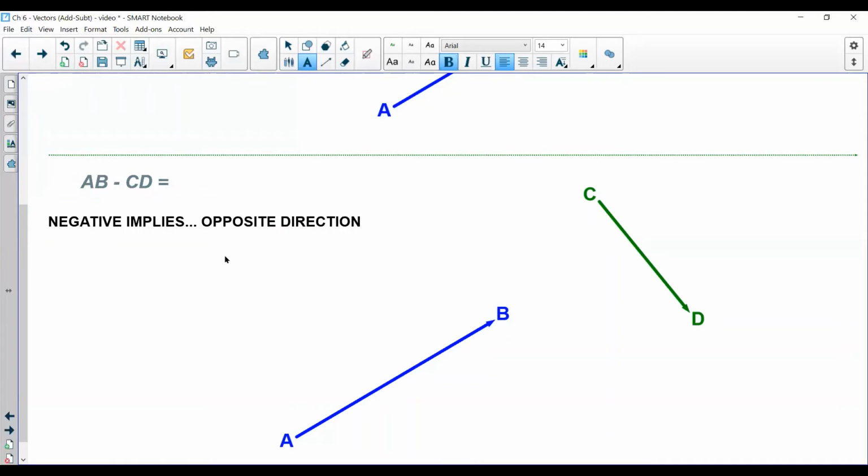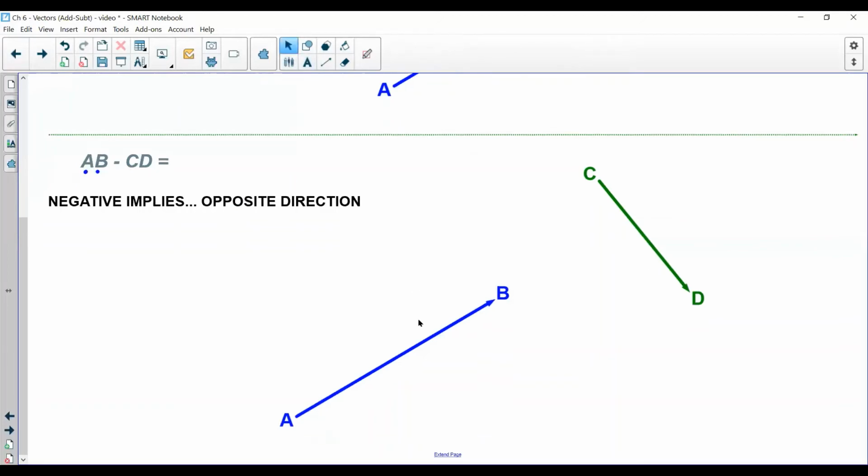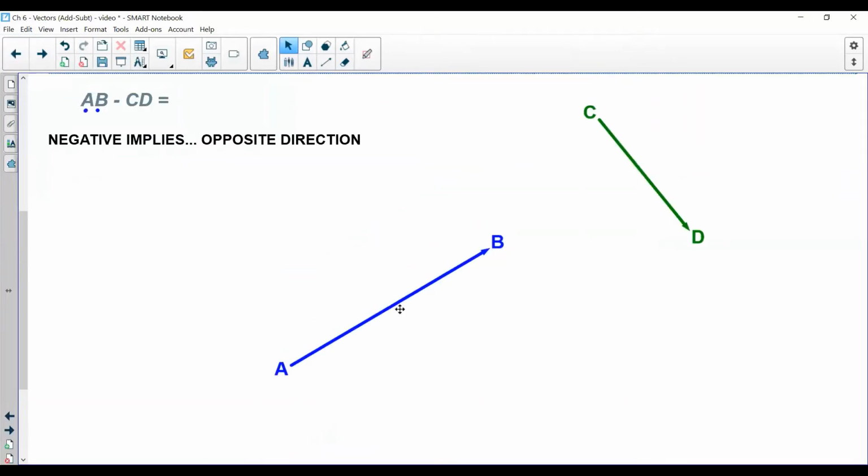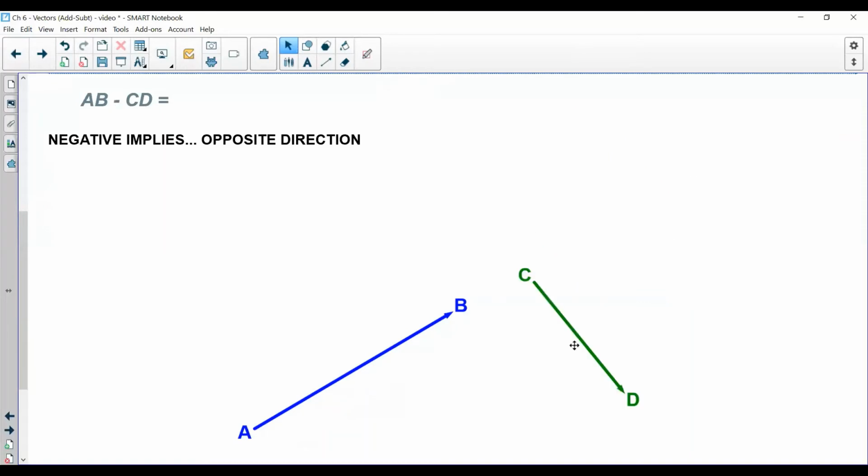All right, so here's what this example wants us to do. It wants us to travel the way AB is telling us to. So AB wants us to go in an upward direction from A to B, but then now we have to travel the opposite of what CD wants us.